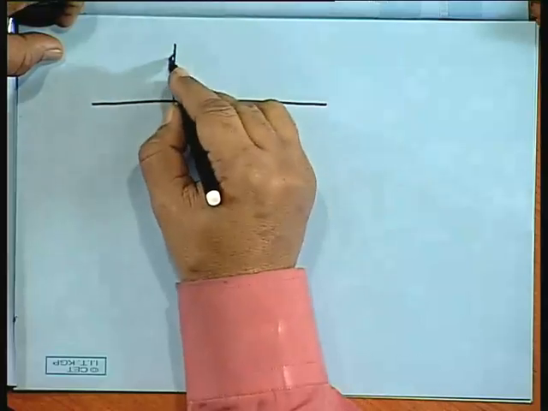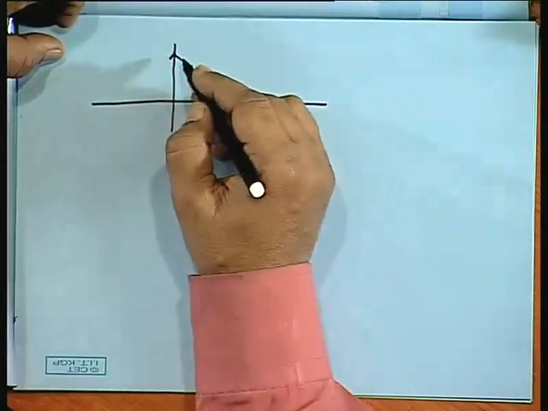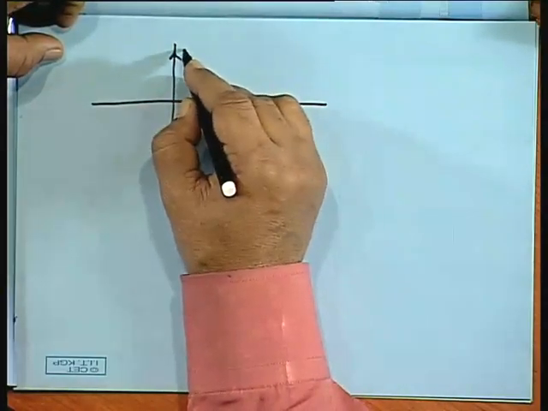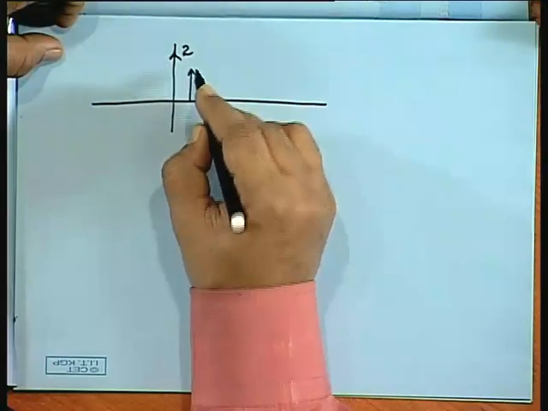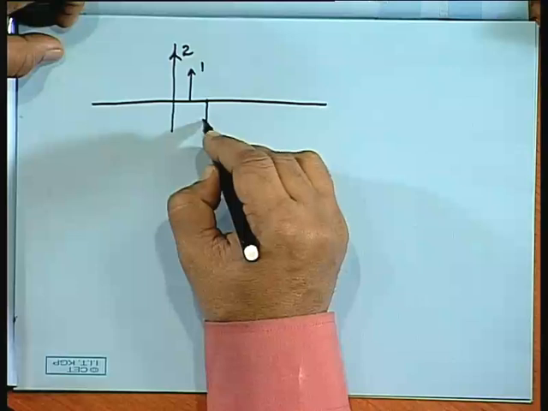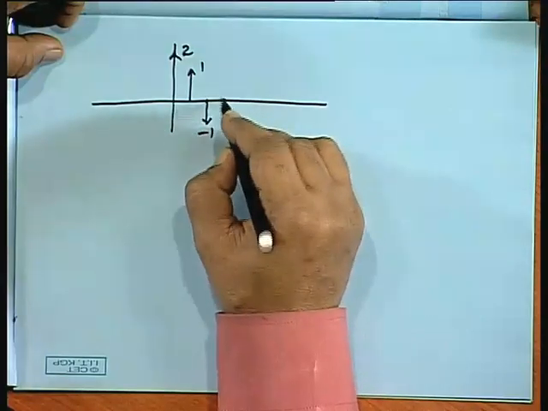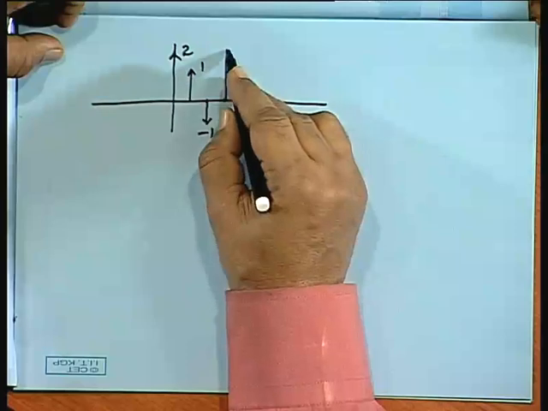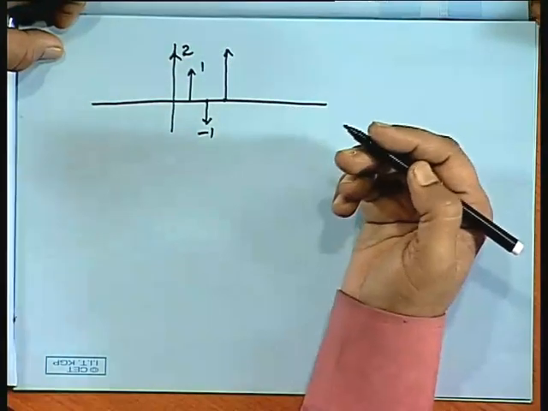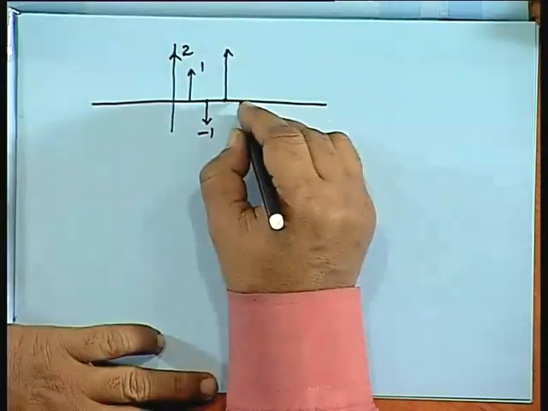Suppose I have a causal sequence like this. Let us take some values. X0 is say 2, then 1, then minus 1, then 2. Just for example, I am taking a sequence like this, rest are all 0.